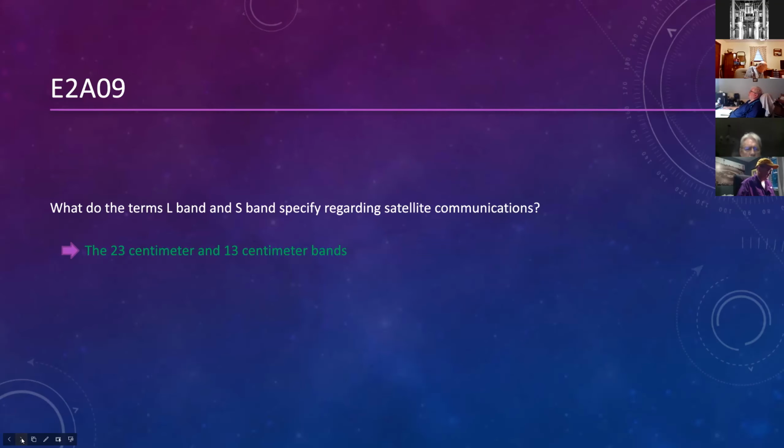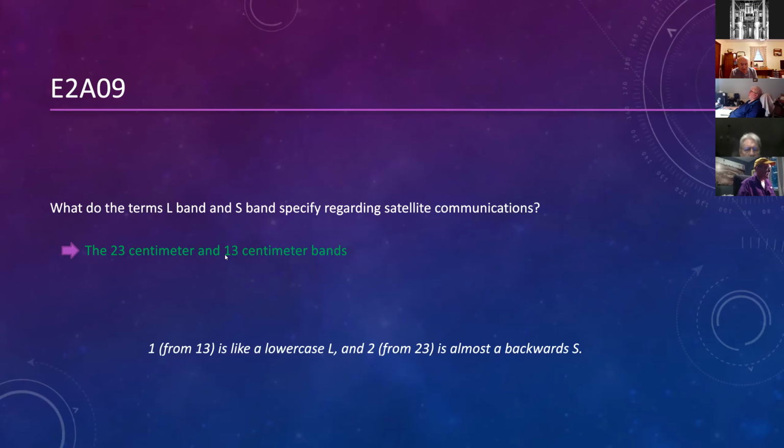The answer is 23 centimeters and 13 centimeters bands. I almost just treated it as a memory question. But I noticed, and again, this works for me, the 1 from 13 is kind of like an L, and the 2 from 23 is sort of like a backwards S. So L and S I can associate with these 2 digits.